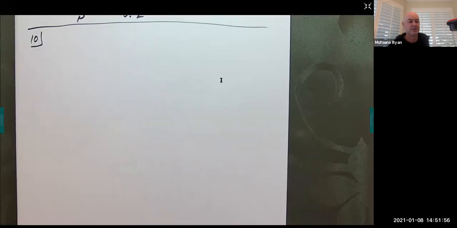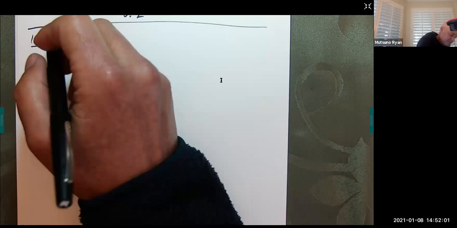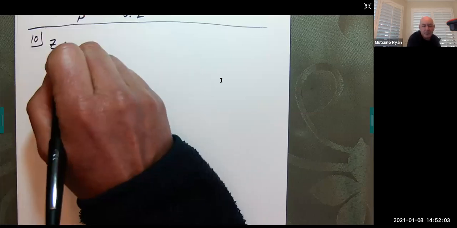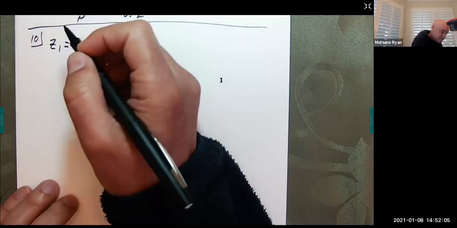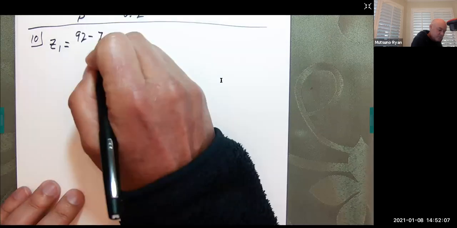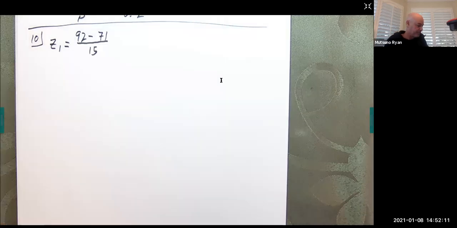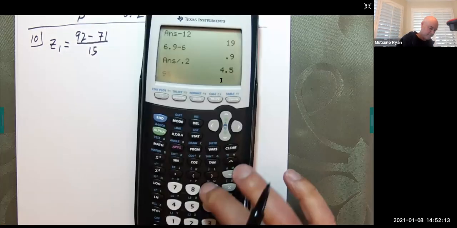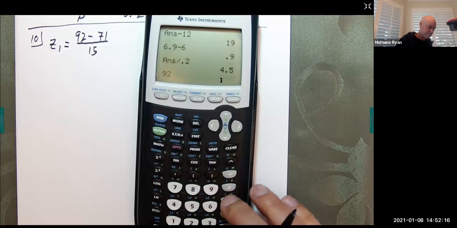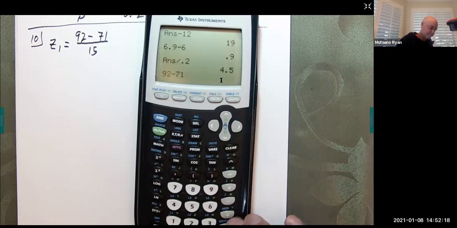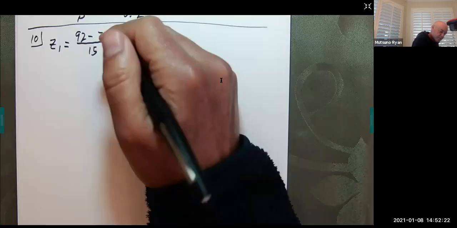All right, so our first z-score, I'll call it z sub 1, is going to be a score of 92 minus 71, which is the mean, divided by the standard deviation, which is 15. 1.4.